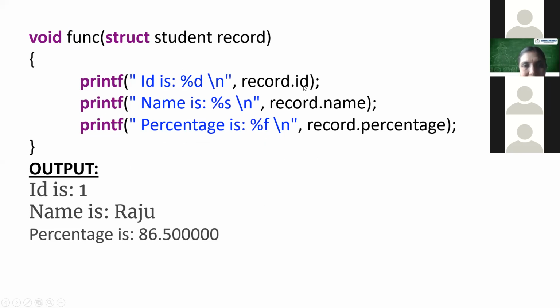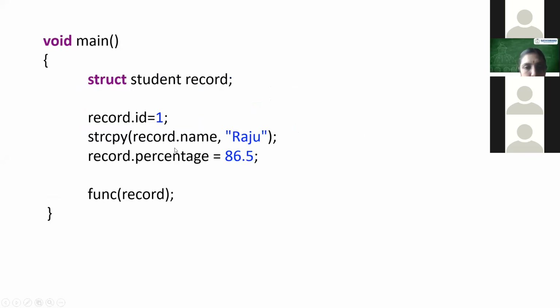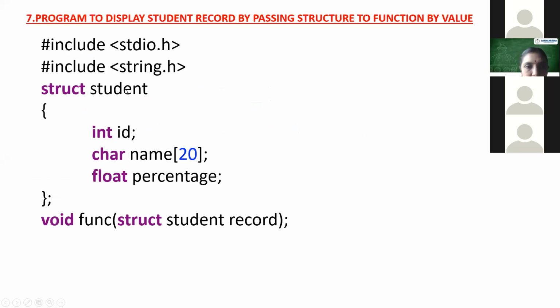Whatever values I have passed over here get printed over here. I have declared the structure over here, and immediately after that I'm passing the structure itself to a function, void function struct student record.